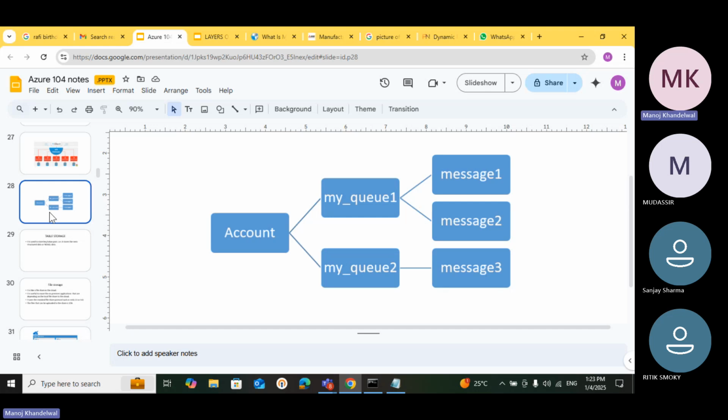Is Ritik there? Ritik is Googling it. Ritik, are you there?